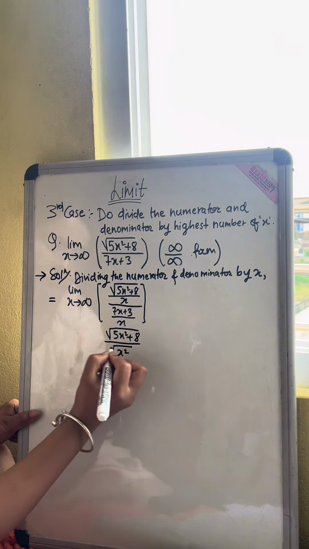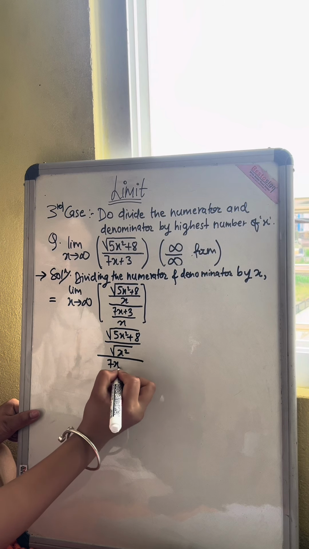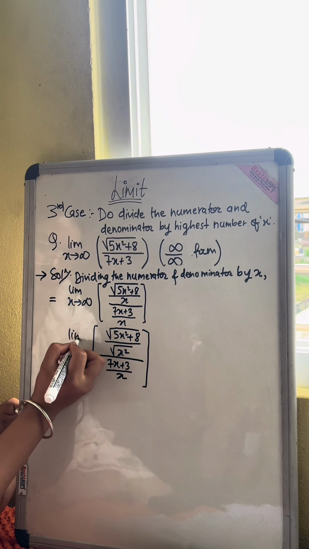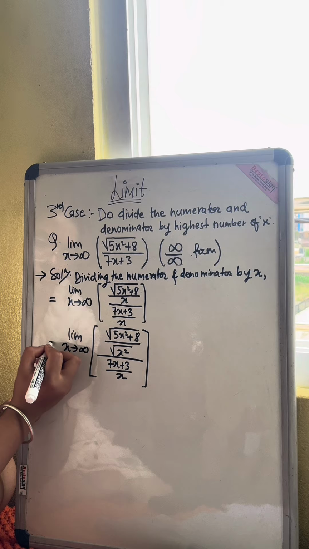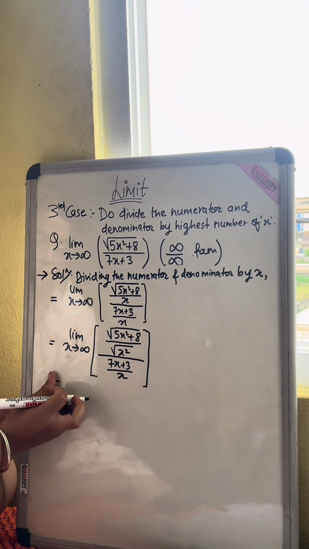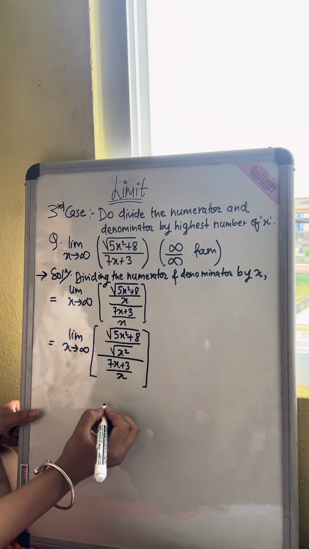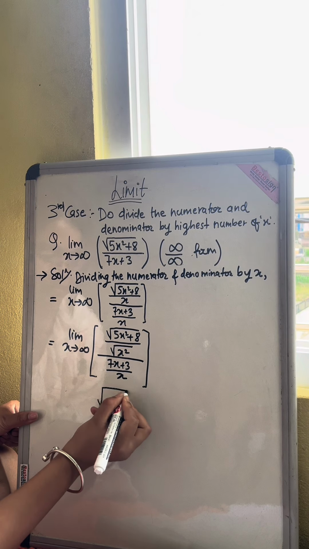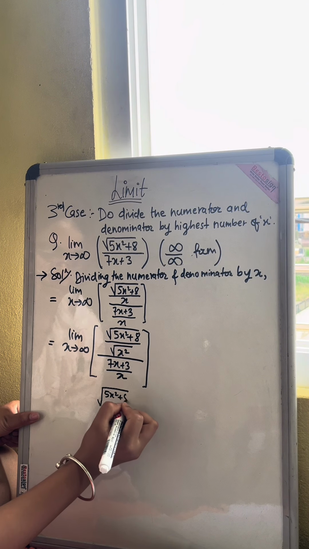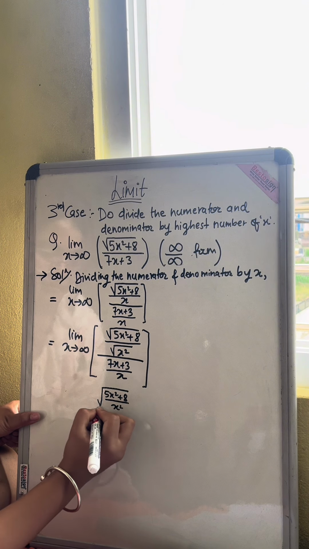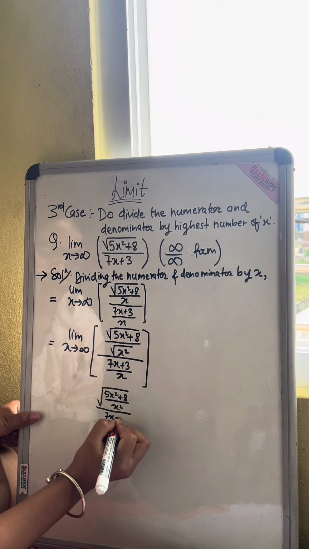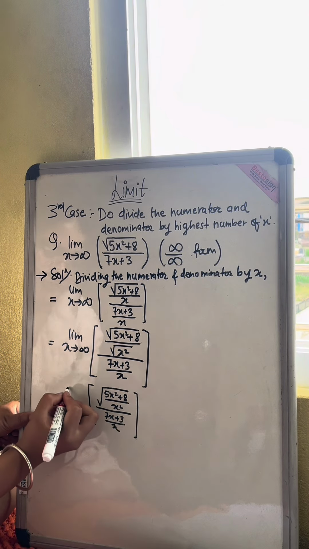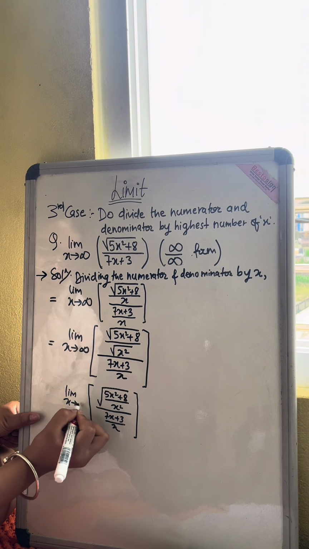Here in the numerator we are adding root under x square, as the numerator is in the form of under root. Now we can put together both 5x square plus 8 upon x square, and the rest is denominator 7x plus 3 upon x. Now solve this.